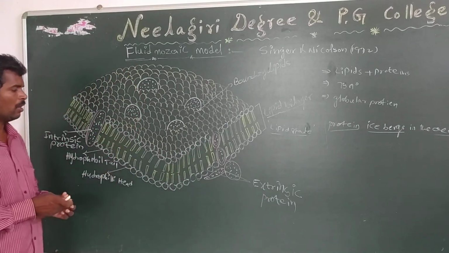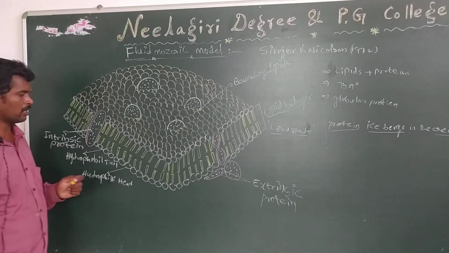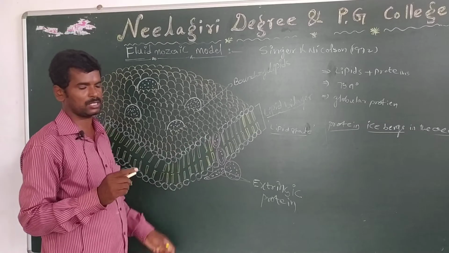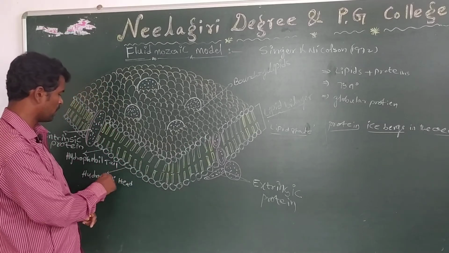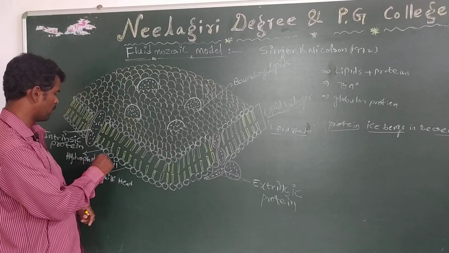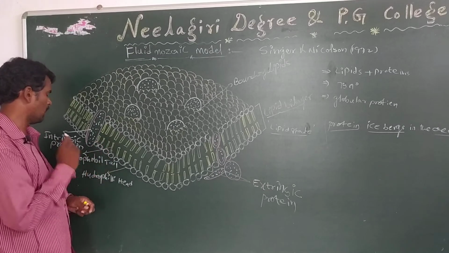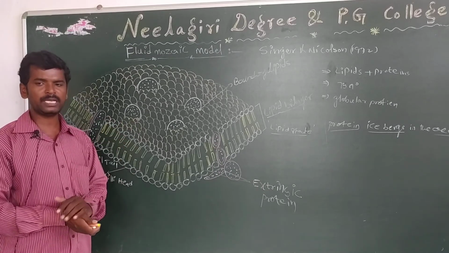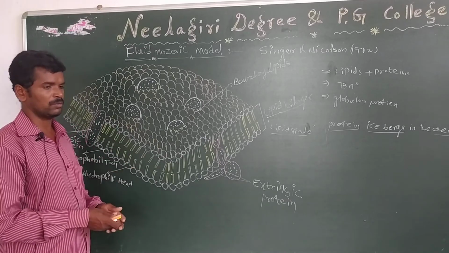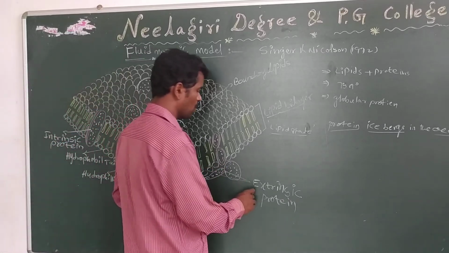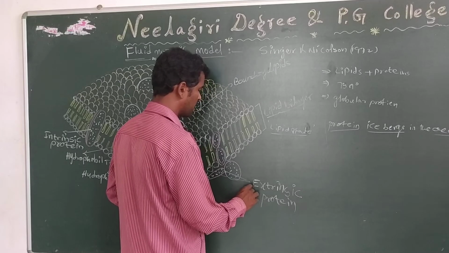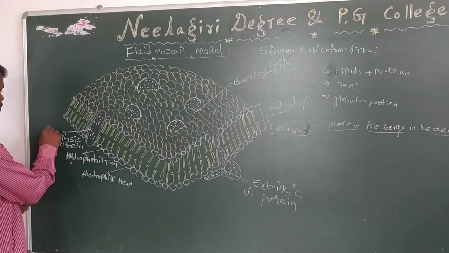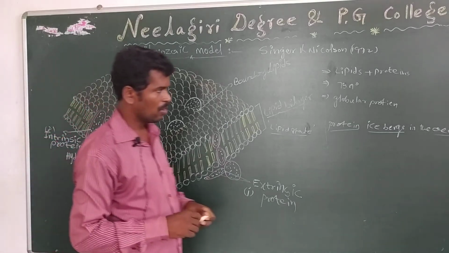In this model the lipid bilayer has head-like structures and tail-like structures, a hydrophilic head and a hydrophobic tail part. In this bilayer the proteins are arranged in two types: extrinsic proteins and intrinsic proteins.